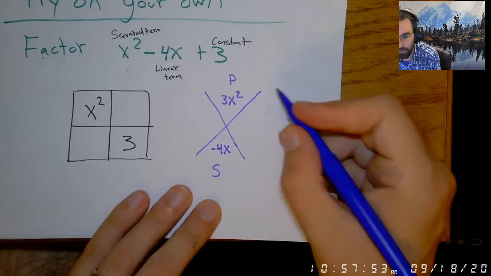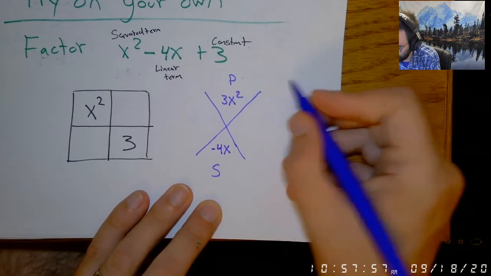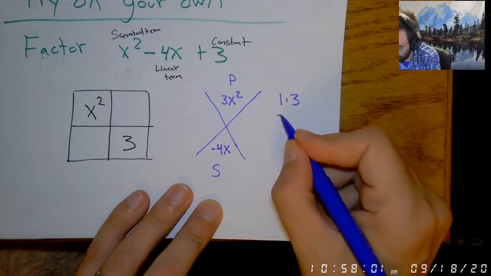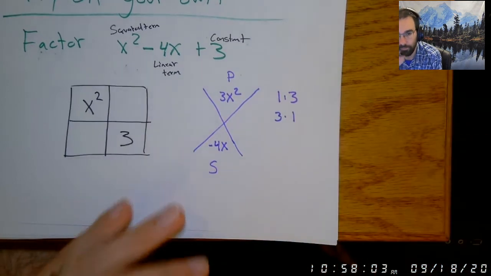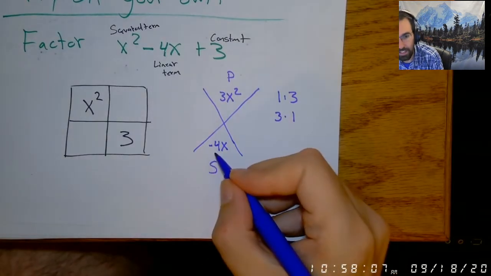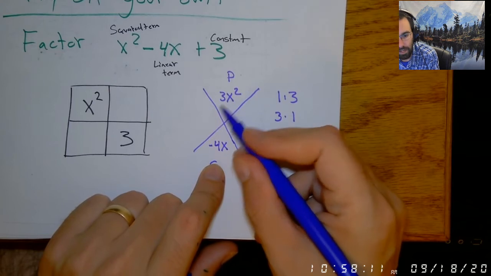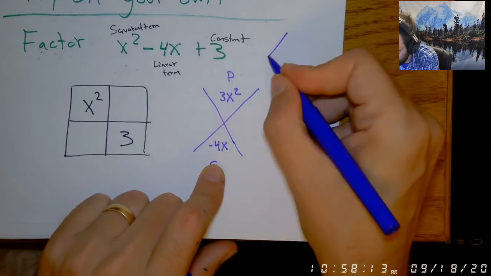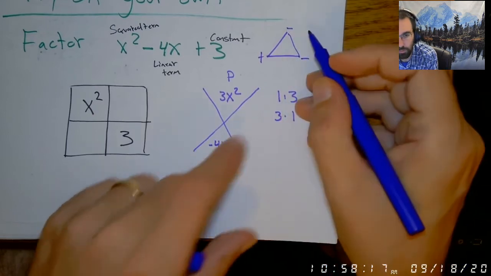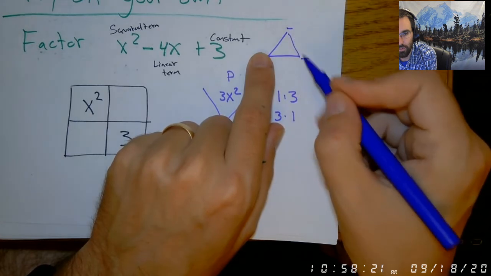So I need to figure out, how do I multiply to get 3? Well, 3 is prime, so it's just 1 and 3, or 3 times 1. Okay, so when looking at this, I have to get negative 4. So it's a negative sum and a positive multiplication. Remember, to get a positive multiplication, it can be 2 positives, but couldn't it also be 2 negatives?